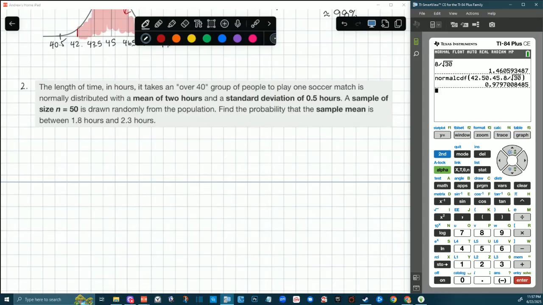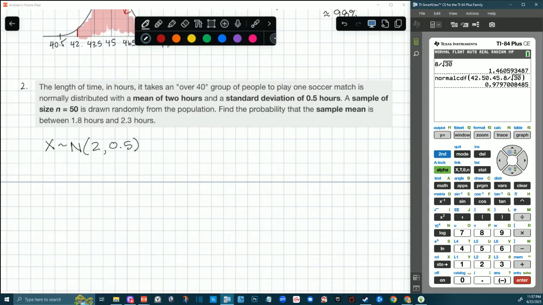So we're going to pick through this problem again. Length of time in hours, normally distributed. So we know x is normally distributed. X is length of time, and it has a mean of 2 hours and a standard deviation of 0.5.